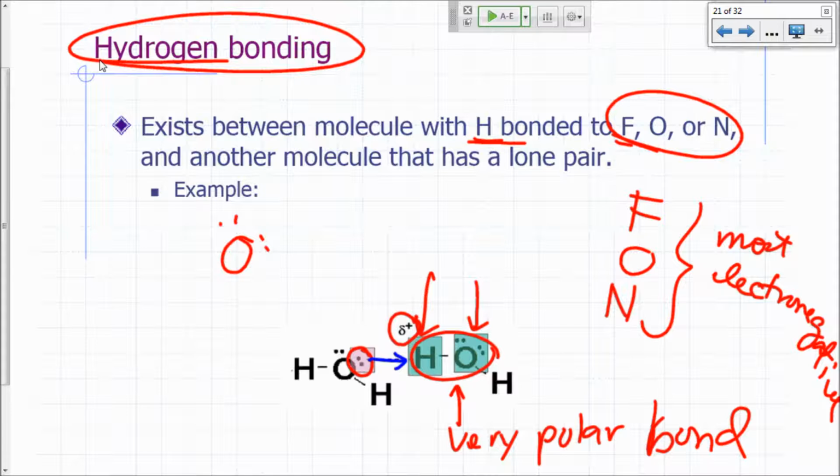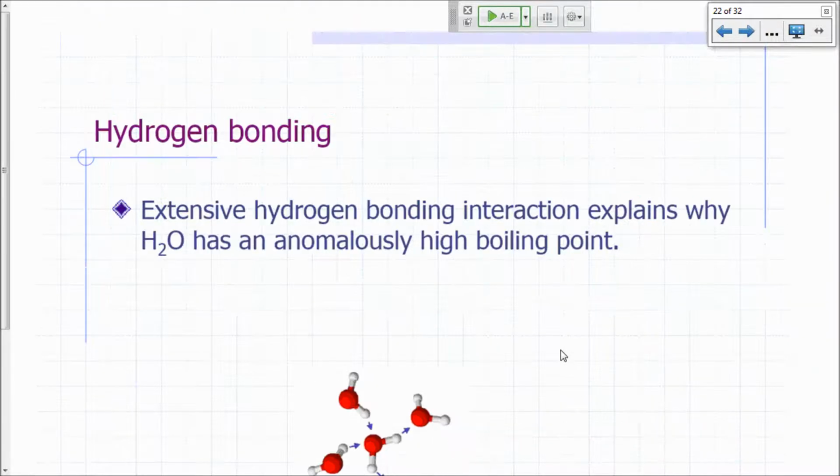So that explains the anomaly between H2O and H2S. You would have expected H2S to have stronger attractions based solely on the size of the molecule, London dispersion forces. But water molecules have these additional attractions for each other resulting from hydrogen bonding interaction.